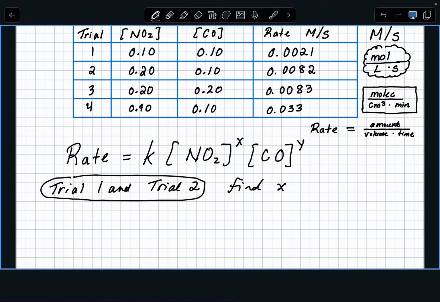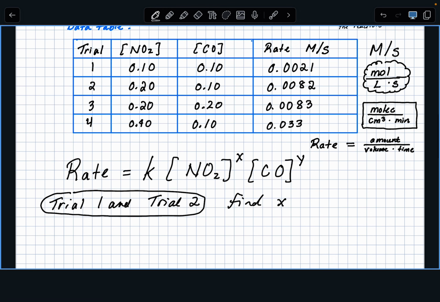Now, how is it going to find X? I'll show you. If I pick trials 1 and 2, my carbon monoxide stayed the same, and my NO2 was doubled. Kind of like the game you were playing, you're putting more molecules of just this one in, and keeping the number of molecules of that one the same. We already know what happened to the rate. We just have to figure out how that tells us what X is, the order of that reactant.